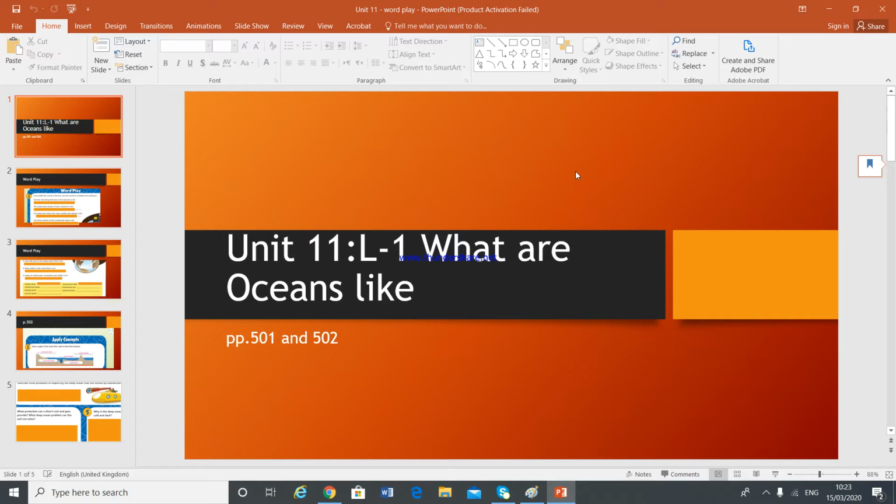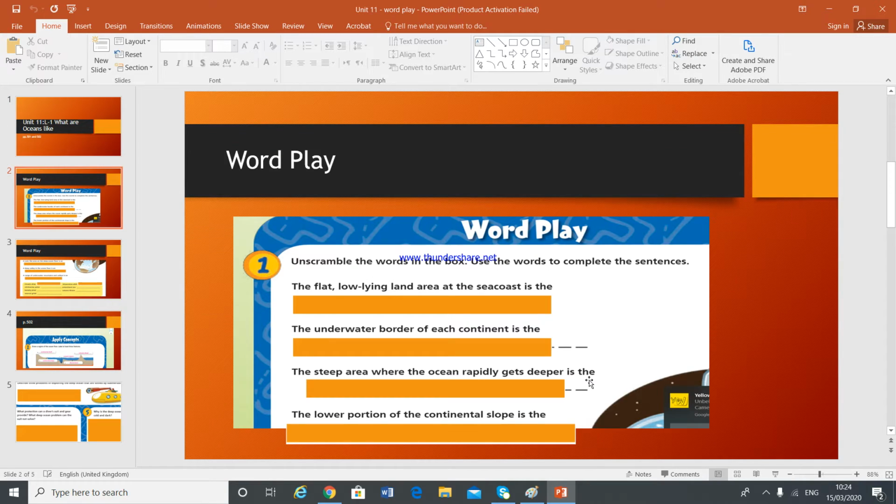Lesson 1, What Are Oceans Like? We have already discussed this lesson, and today we are doing pages 501 and 502, which is the last part of Wordplay, and Apply Concepts. As you all know, to complete the wordplay, they say unscramble the words in the box.